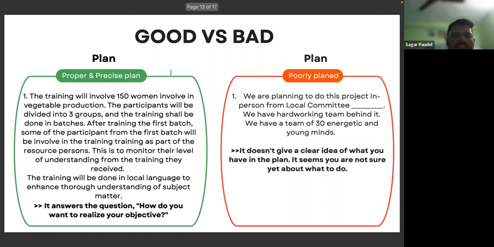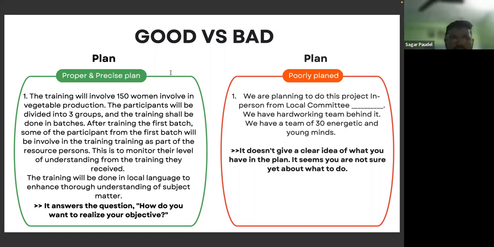Next, we need to design the project with a proper and precise plan, like how you train the people, how you manage your speakers, or how you manage your funding. Each and everything you need to mention in a very precise way. For the poorly planned one, you can see the example, which does not have a clear or precise idea of how to do things.